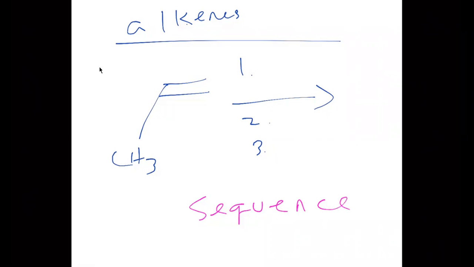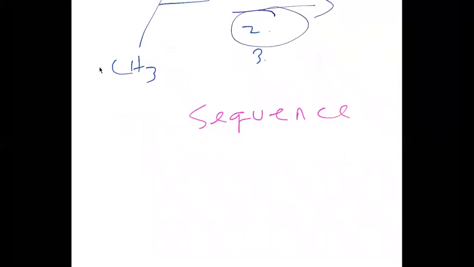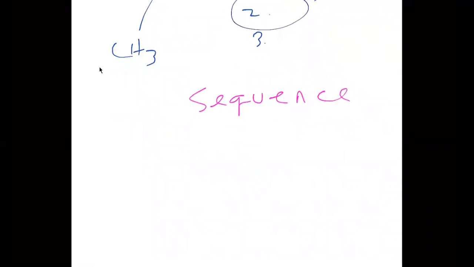All right, so this is a sequence. So step one, whatever you get from that, that's going to be the precursor or the reactant that step two operates on. Are you following? I'm gonna give you an example. And then whatever you get from step two, that's what the reagents in the third step are going to work on. Right. So let me give you an example of a real reaction of an alkene.